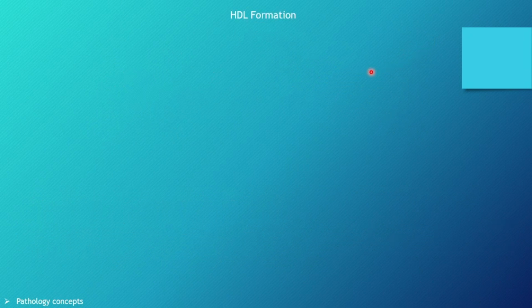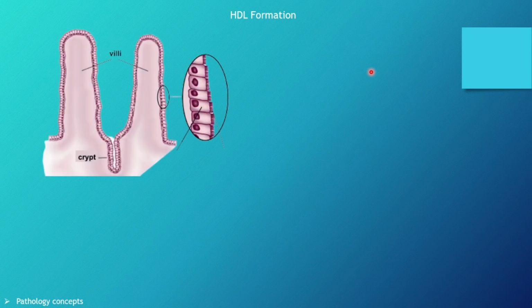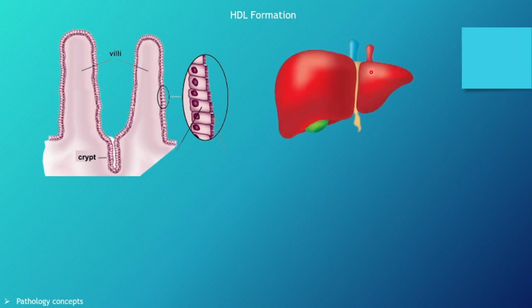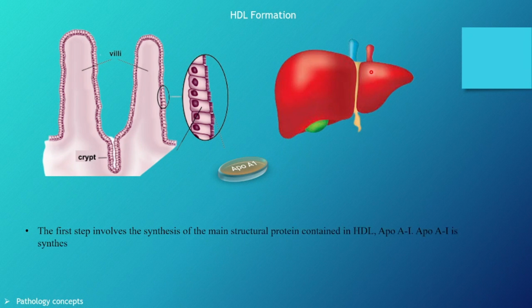Let's understand the HDL formation. HDL is high density lipoprotein formation. ApoA1 is synthesized in intestine and liver. The first step involves the synthesis of the main structural protein contained in HDL, which is ApoA1.